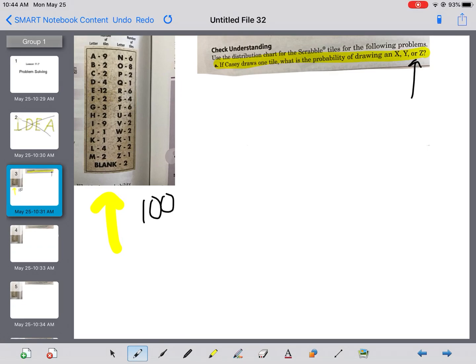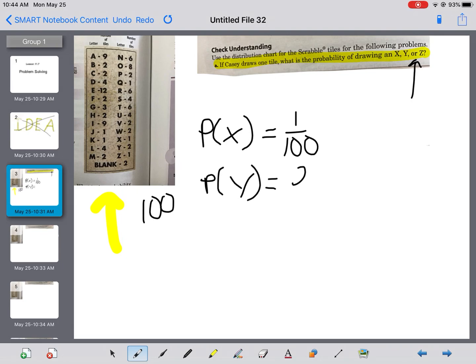So this is actually a mutually exclusive event, back from lesson 11.5, because those events cannot happen at the same time. Pretend she's reaching into a bag and pulls out one letter. What's the chance that letter is an X, a Y, or a Z? Well, I can find the probability of X, which is 1 out of 100, the probability of Y, which is 2 out of 100, and the probability of Z, which is 1 out of 100.